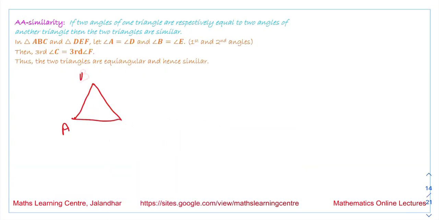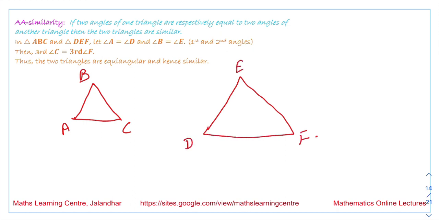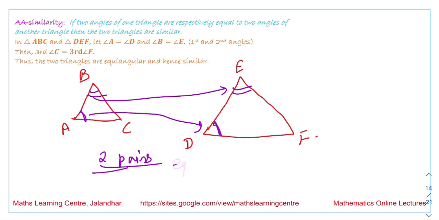One is the triangle ABC and second is the triangle DEF. We are saying angle A is equal to angle D, angle at B is equal to angle E. So we are given two pairs, here meaning A and D, B and E, these are equal.